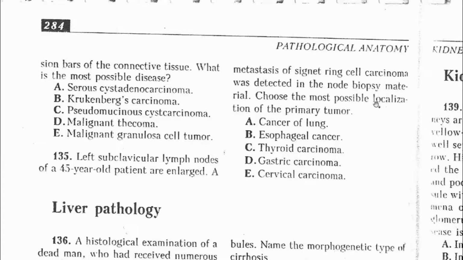Choose the most possible localization of the primary tumor. Now, it is most often found in the glandular cells of the stomach and less frequently in the breast, gallbladder, urinary bladder, or the pancreas. So your answer is gastric carcinoma. So D is your answer.